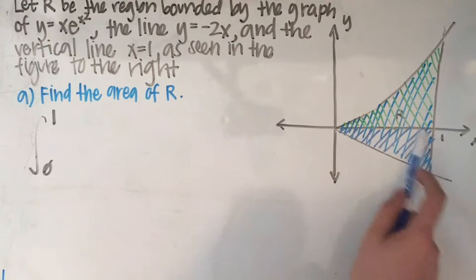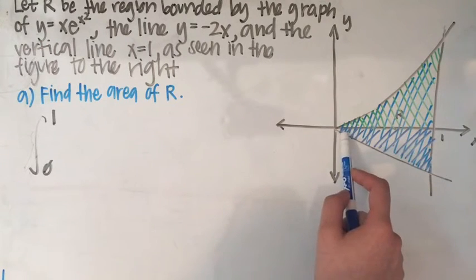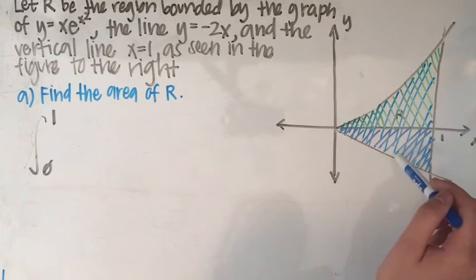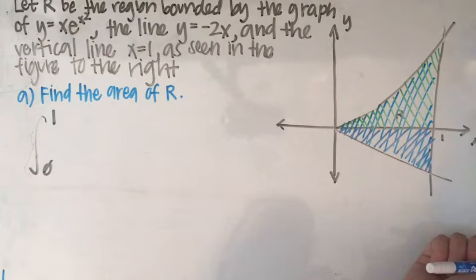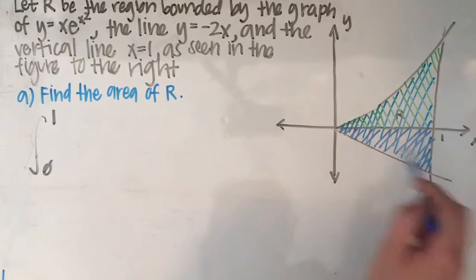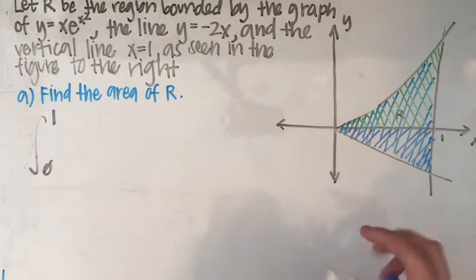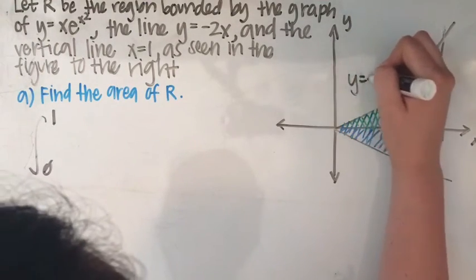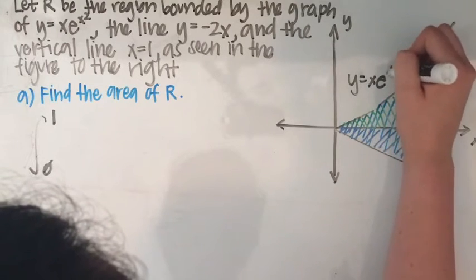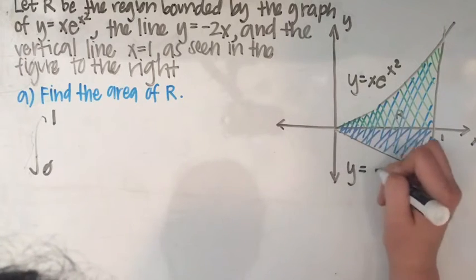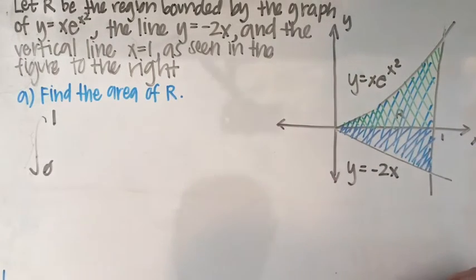However, since this area is underneath the x-axis, it would be negative area, and you would end up with a shorter height than is actually the height. So in order to correct for that, we have to subtract this area from this area. And since this line on top is y equals x e to the x squared, and this one on the bottom is y equals negative 2x, that is how we're going to do it.